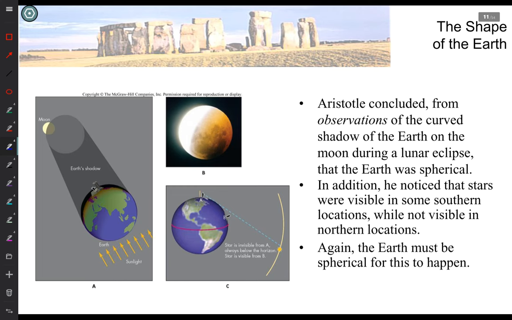I told you I'm in this creationist group on Facebook, and there are these flat earthers who are constantly talking about there's no curvature, and if there's no curvature, then we can't be a ball. Aristotle, from observing the shape of the shadow the Earth casts on the moon, concluded that the Earth must be a sphere. The idea that the Earth was a sphere was proposed hundreds of years before the birth of Christ.